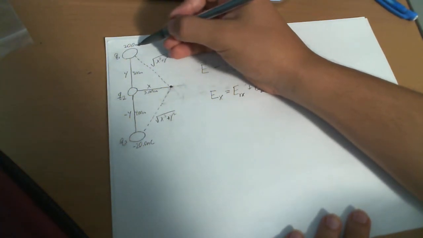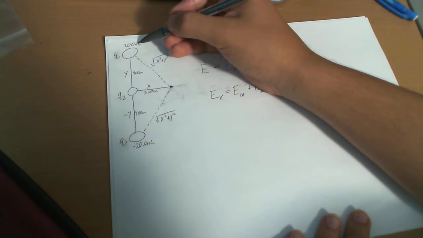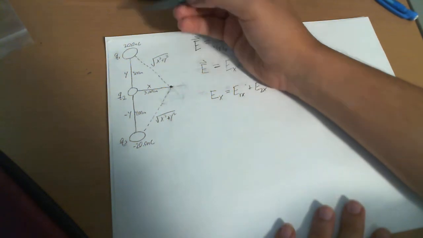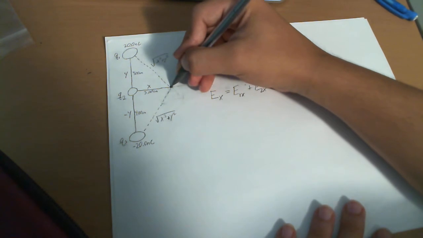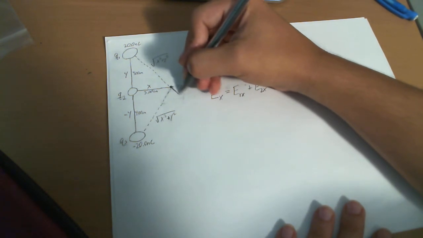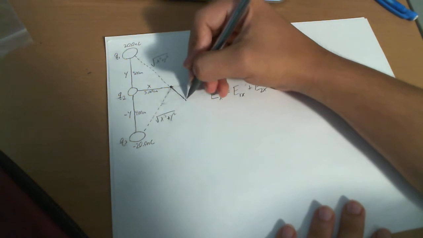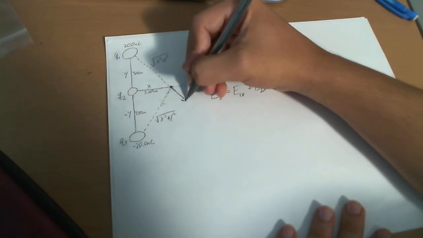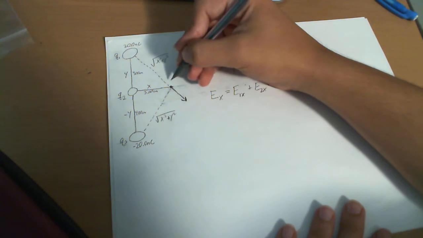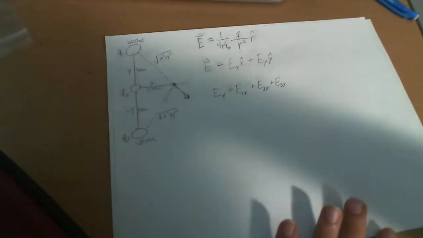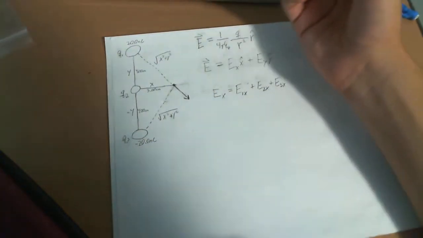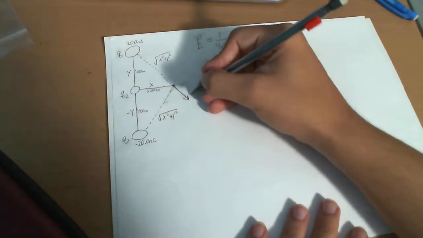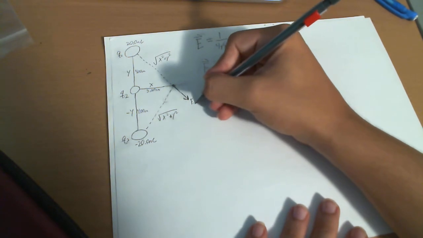Q1 has a positive charge of 20 nanocoulombs, and so its electric field vector is going to be directed away from that charge. So we're going to draw that as a vector here at our point of interest, with the tail at the point of interest. So basically like a free body diagram at this point. And we'll call that vector E1.